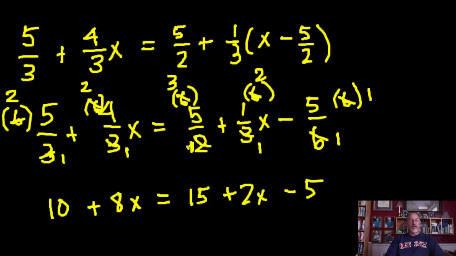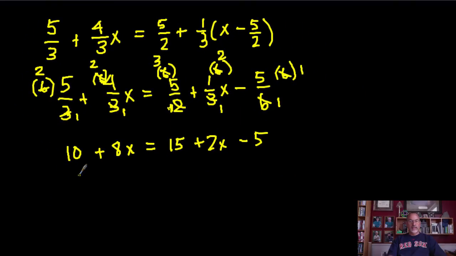So you'll notice now that because we chose a multiple of all of the denominators, every single denominator reduced to a value of 1, meaning I don't have any more fractions. So now I can solve this equation the rest of the way without having to worry about fractions and getting those denominators mixed up. If we simplify each side first by adding like terms, we get 15 minus 5 over here, so it's going to be 10.